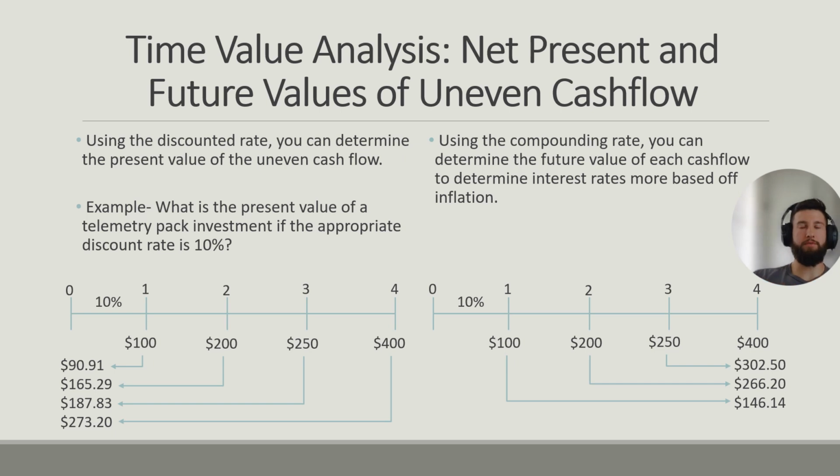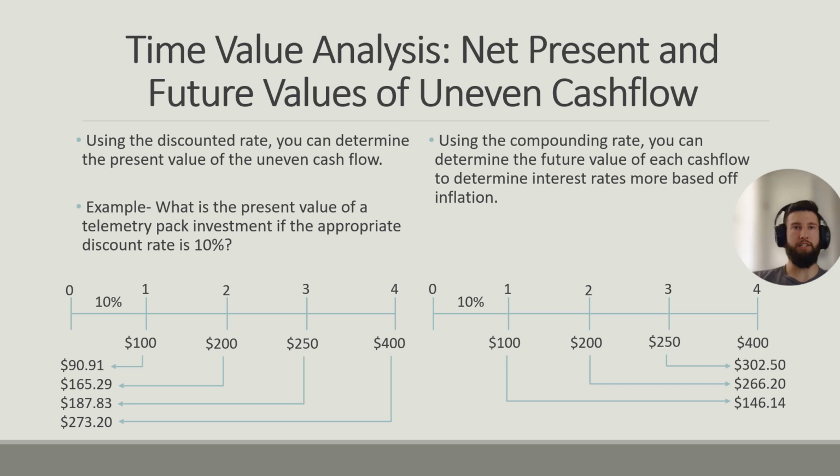Alright, so now we're going to calculate the net present and future values of uneven cash flows. So this is just a visual representation of determining the present value of an uneven cash flow rate using the discounted rate. We're going to use 10% on telemetry pack investment by WVU Medicine.